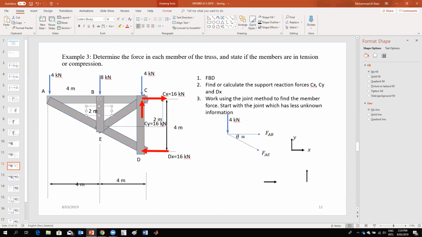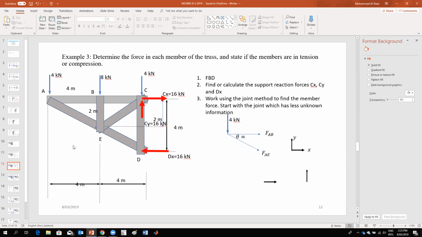So we created a triangle here. Theta is equal to what? Opposite divided by... inverse cosine 2/4. So what's the angle here? Just find me the value of the angle.